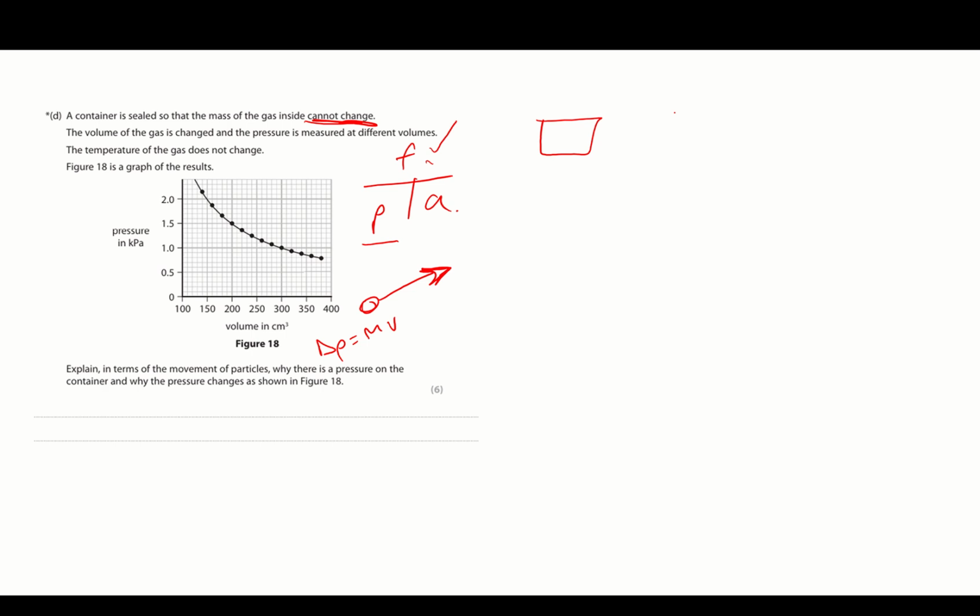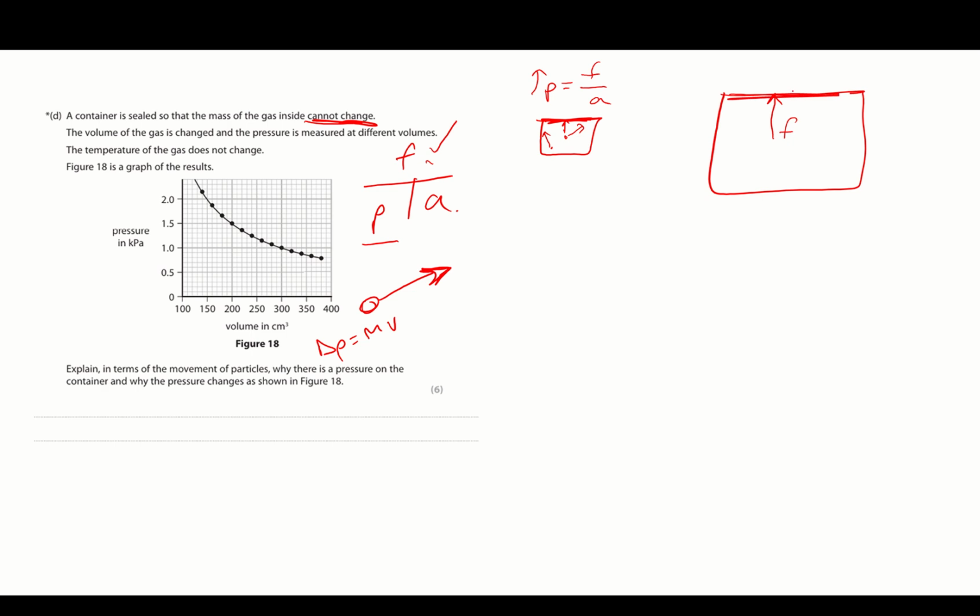So again, if we go from a small volume to a big volume, we've got the idea that these have less distance to travel, but also that the force on each of the particles, because they're at the same temperature, so they're moving at the same speed, is the same. The pressure on that wall is the same force but divided by a smaller area, so the pressure goes up.